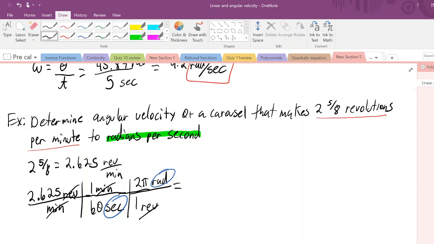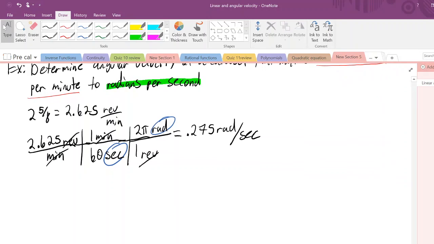It doesn't matter the order, because with multiplication and division and no parentheses, you can do 2.625 divided by 60, and then times 2 pi, and it should give you 0.275 radians per second. One thing you've got to know is that on the top you multiply and on the bottom you divide.